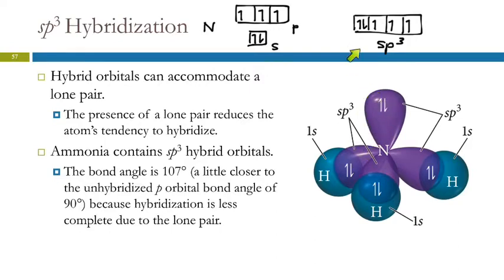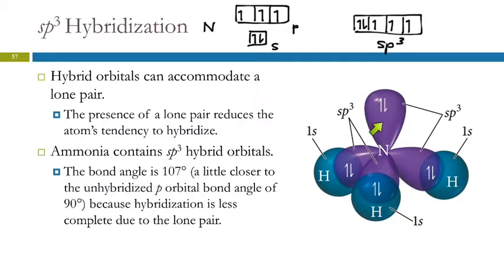This is the one with the pair in it, and each of these is a hybrid orbital that had 1 electron from the nitrogen, and it's overlapping with the 1s orbital that's half-filled on a hydrogen. And so we get this hybridized orbital here overlapping. We've got that pair of electrons. Does that make any sense? Kind of.